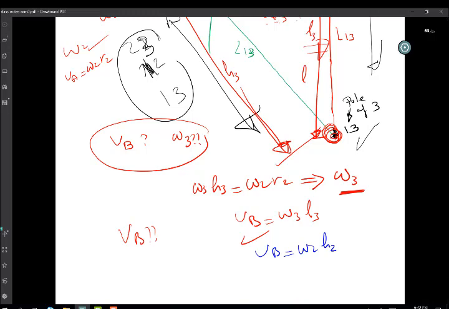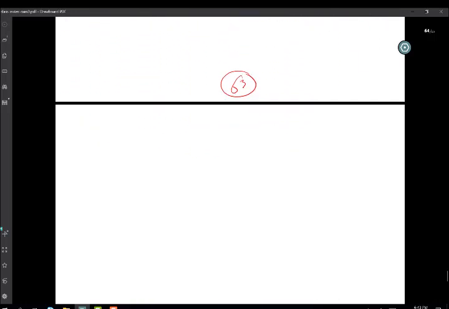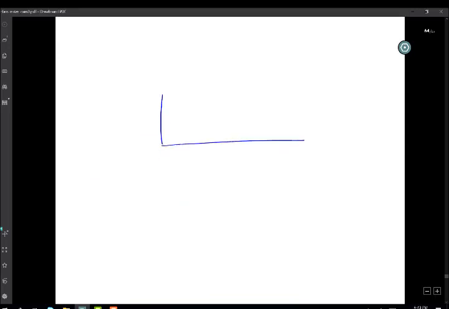So what if I decided to draw this specific example in a different configuration, a different position? Let's say that I have this situation here, where link number 3 is at what I call its extreme position in terms of angle, as high as it can get.